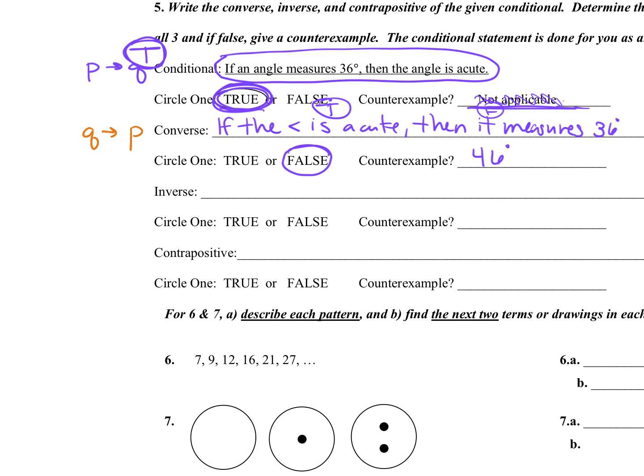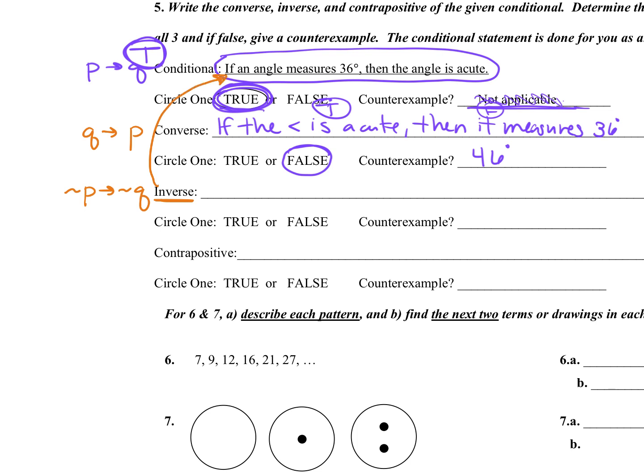Okay, so now the inverse, do you remember how this one goes? If not P, then not Q. Remember I showed you a little dance that went with this? You swap every time. So if P, then Q; if Q, then P. The inverse is if not P, then not Q. So we're going to go back to the original.